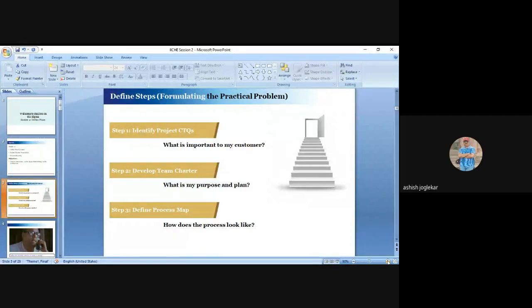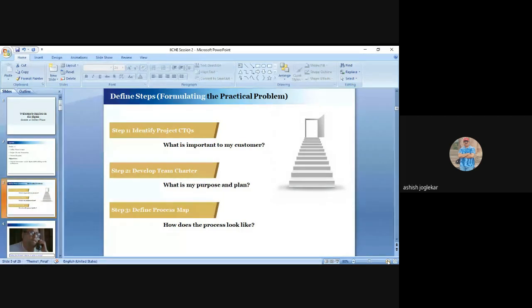Okay. So step 1 we define, identify CTQ, that is project CTQ, or what is critical to quality. Quality can be a product quality or a service quality, or both. For example, when we take a product from the market, we take a TV, television. We see the colors, how the colors are visible, how the channel is reading, what the size of the TV is, whether sharpness is there or not, how is the sound quality.